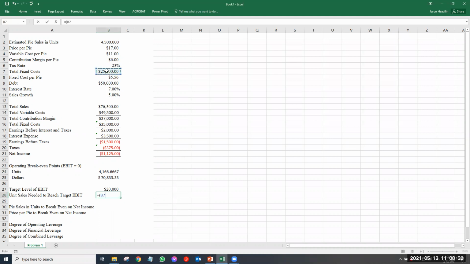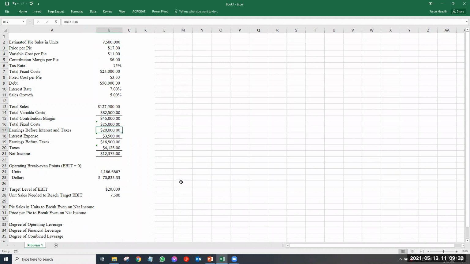So I'm going to take my fixed cost plus my requirement of the $20,000, then divide that by the contribution margin per pie, per unit. So I will have to sell 7,500 pies if I want this number, my operating profit, to be $20,000. Let's see how that works out. 7,500 at $17 each. And there it is, $20,000 showing on the operating profit.